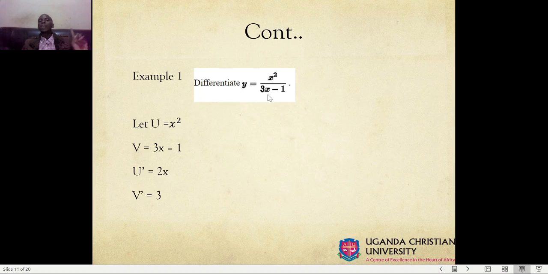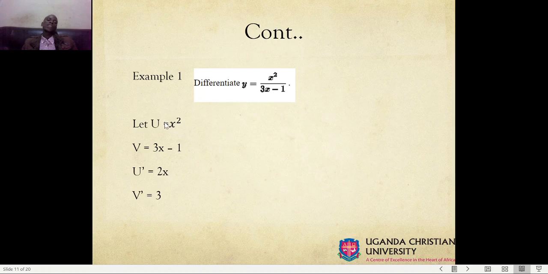And recall, we should do all this while having our formula in mind. In our formula, we need to get the derivative of the numerator, and we also need to get the derivative of the denominator. That's why at this point, after letting u be the numerator and v be the denominator, you get the derivatives. Our numerator is x squared, and the derivative is very simple.